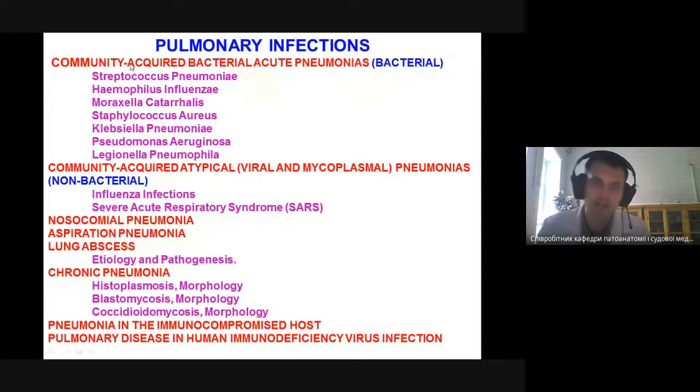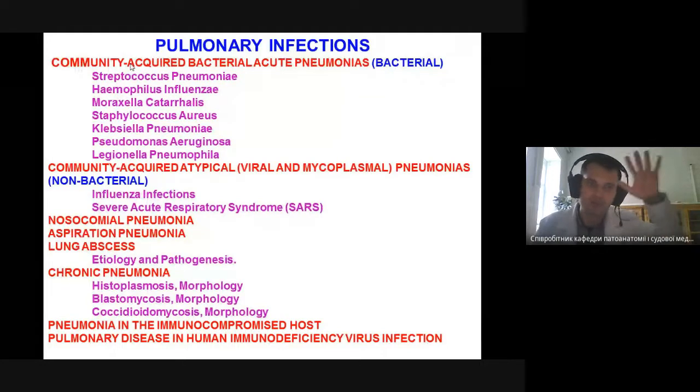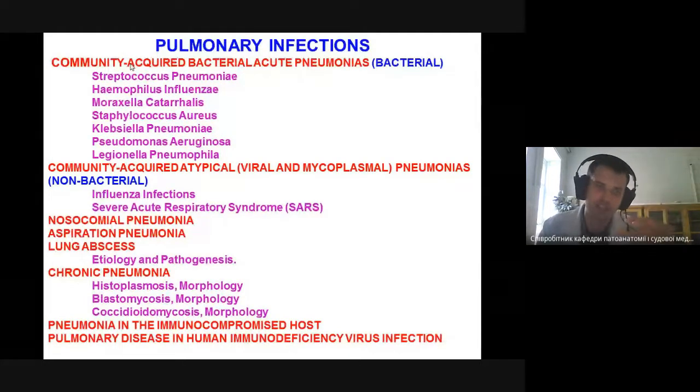So to treat such infections, we have to categorize them. We have to know the list of the most likely bacteria to cover them. So the infections are divided into community acquired, in the community, in a theater, in a cinema, in a classroom, in the transport, anywhere.